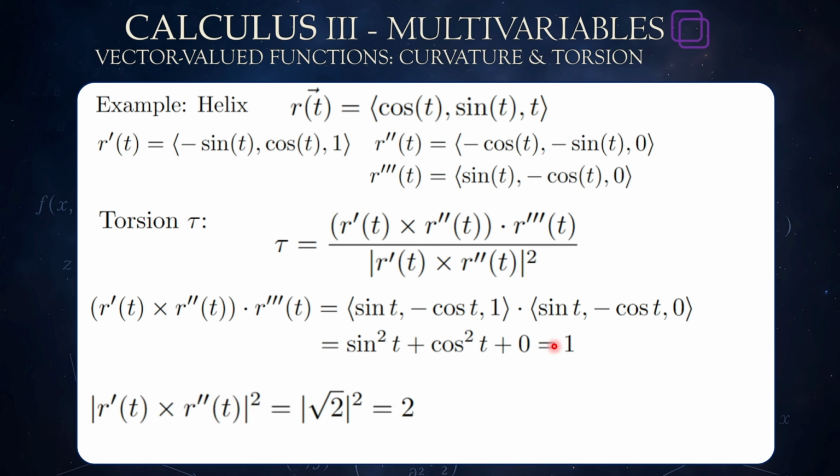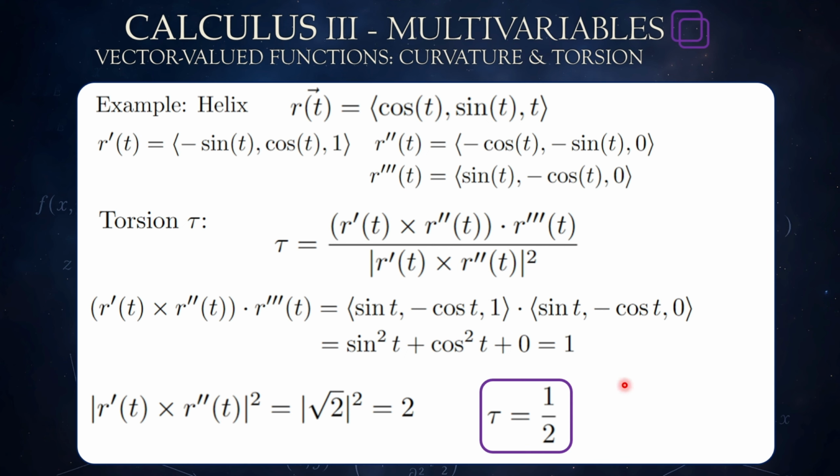So the size of r prime t cross r second t, squared, is equal to square root of 2 squared, which is 2. In the denominator, you have r prime t cross r second t squared, which gives us 2. Hence, tau, the torsion, is equal to this numerator, which is 1, divided by this denominator, which is 2.